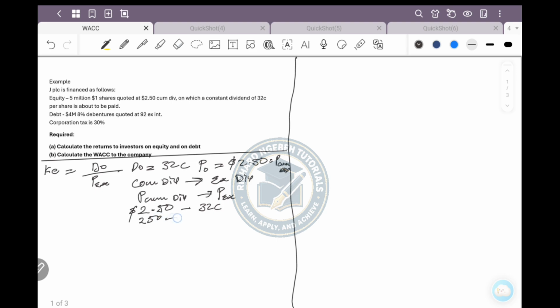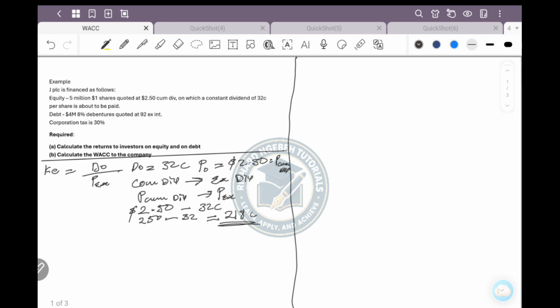Then you subtract the 32 cents from it, so you get your ex div as the market value. This will now be 218 cents. That is what you currently have.